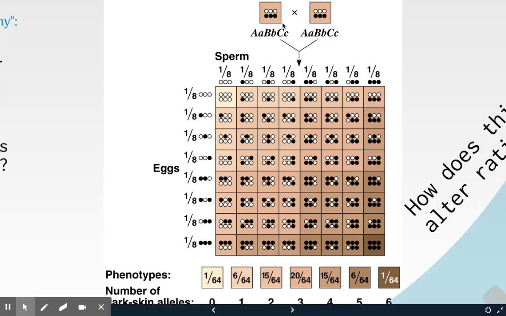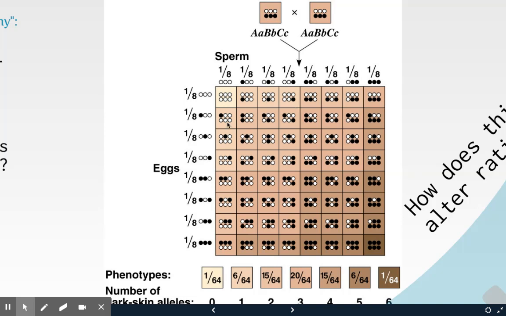If you take a heterozygous individual crossed with a heterozygous individual, you could get an offspring that is completely recessive. Recessive would be our palest skin tone, and then we have variations of that. As you add a dominant allele, they become slightly darker.